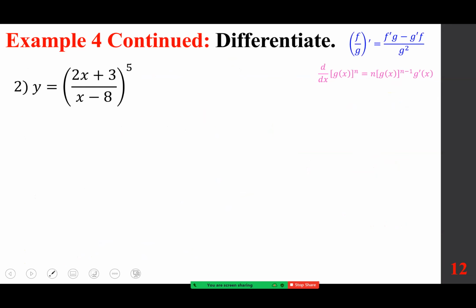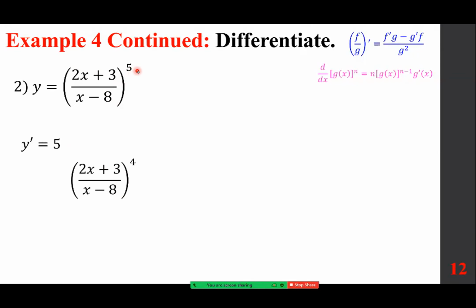When we look at this one, we have to use the extended power rule first. So I put 5 in front. Then I write exactly the same thing. g of x is whatever you see here to the power of n minus 1. So I need to write the same thing to the power of 5 minus 1, which is 4.